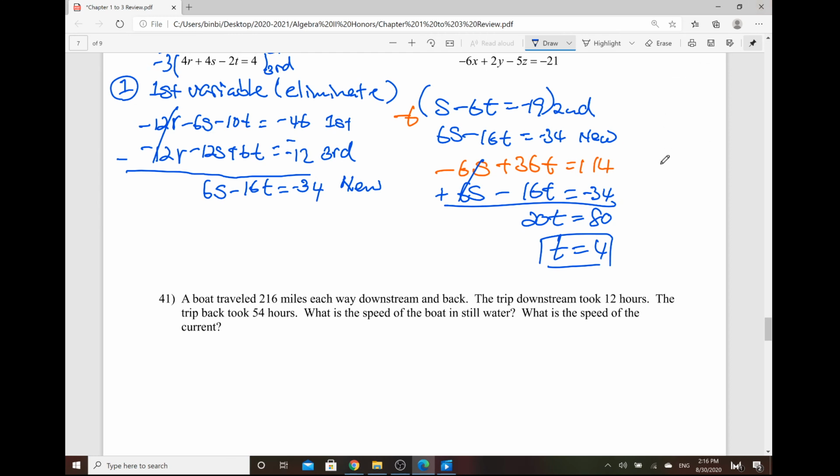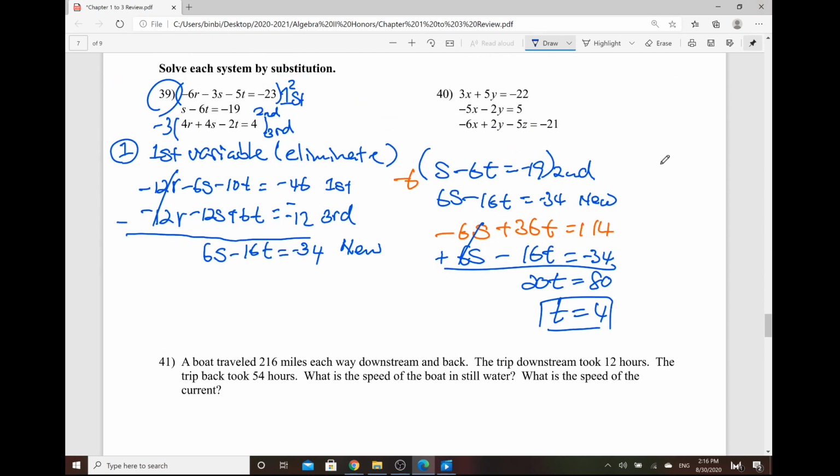The next variable that we can solve, we can just solve for s. So plugging t equals 4 into the second equation, we got s minus 6 times 4 equals negative 19. So s minus 24 equals negative 19. So that means s equals negative 19 plus 24. Then that would be, what, 5?